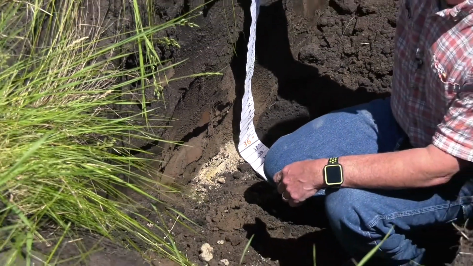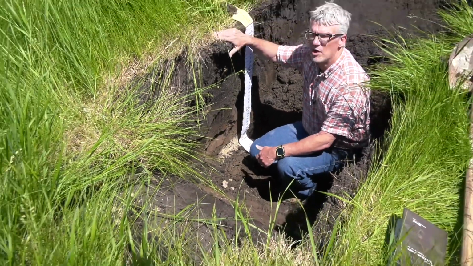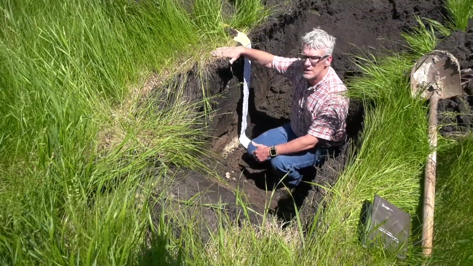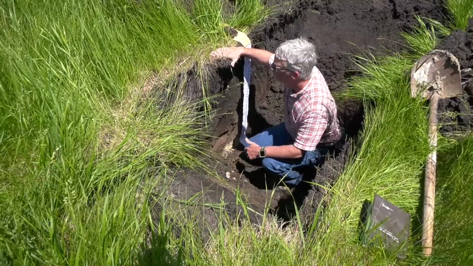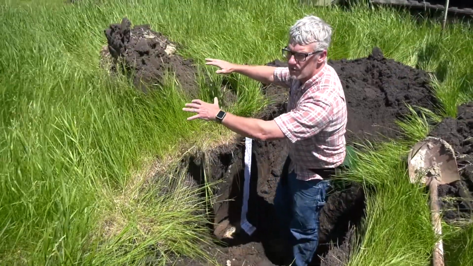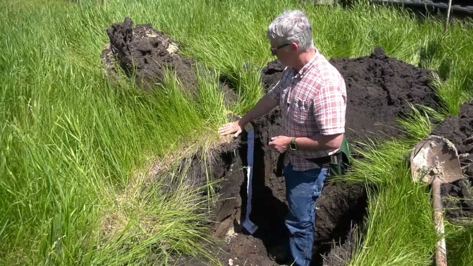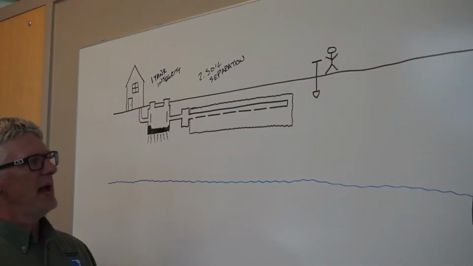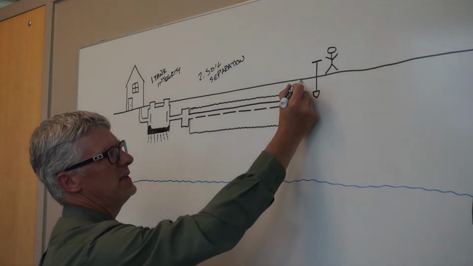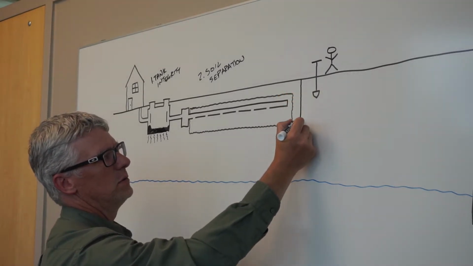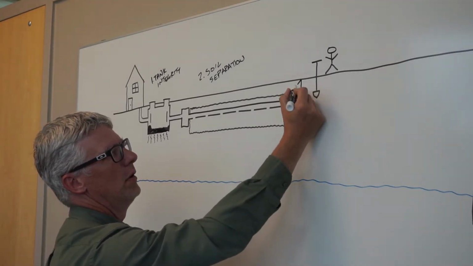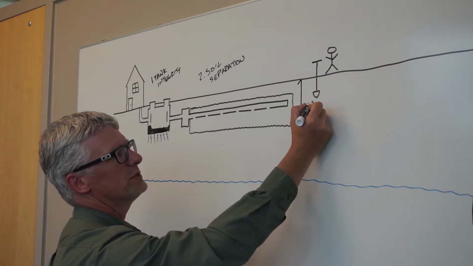In this particular soil profile, we could design what we call an at grade, where we put the rock directly on the surface of the soil and then mound it a little bit after that to provide it some support.